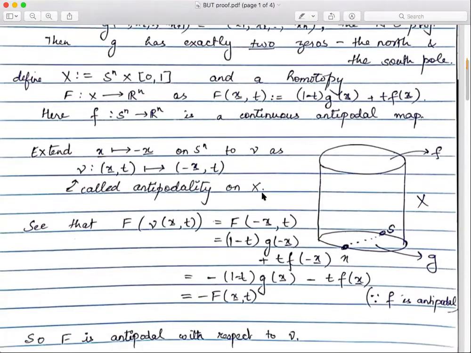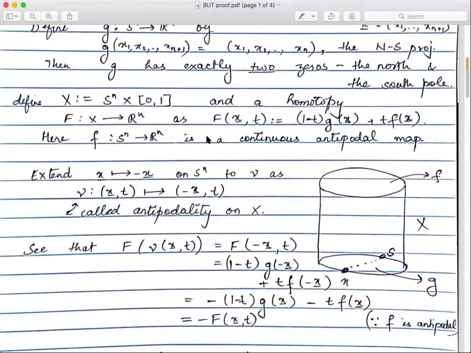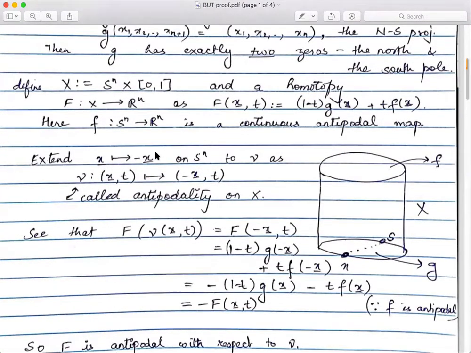Here this f is the same which I started off with, assuming that this is a continuous map which is antipodal.